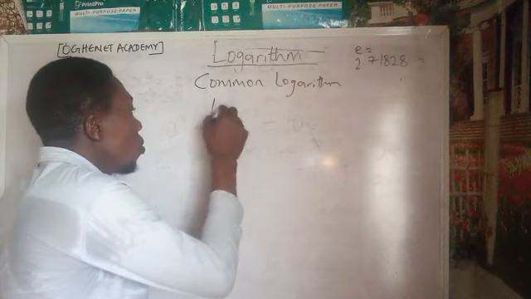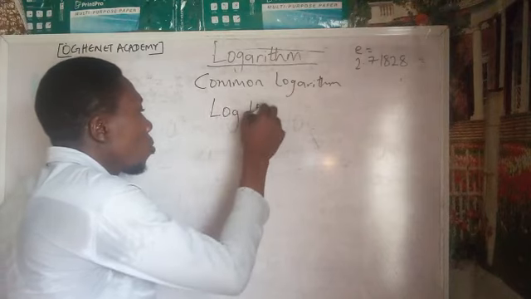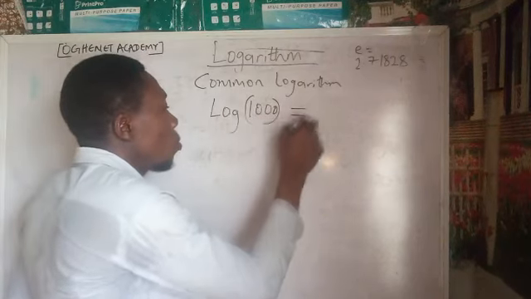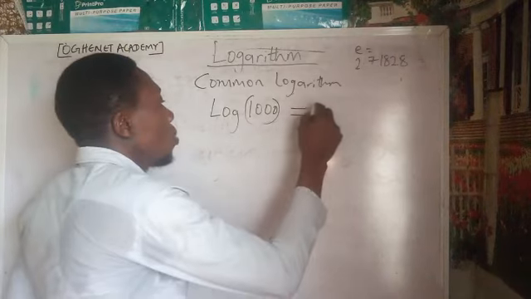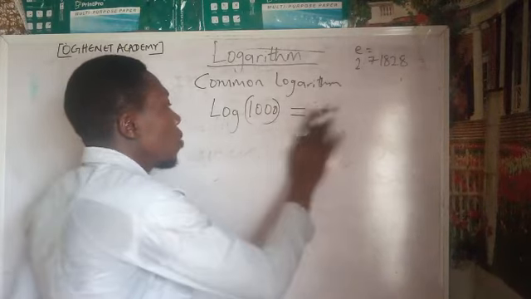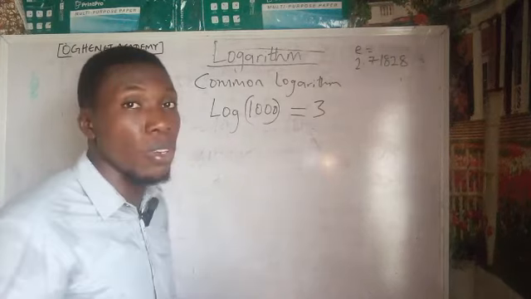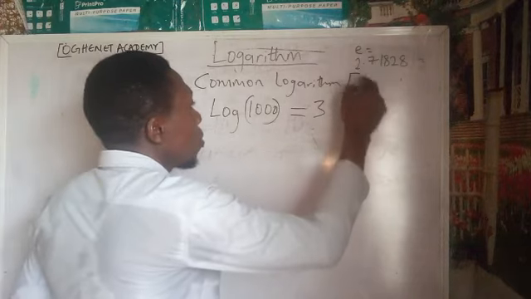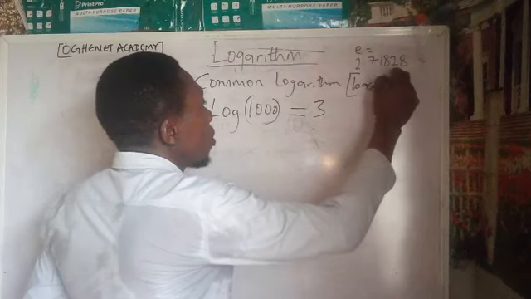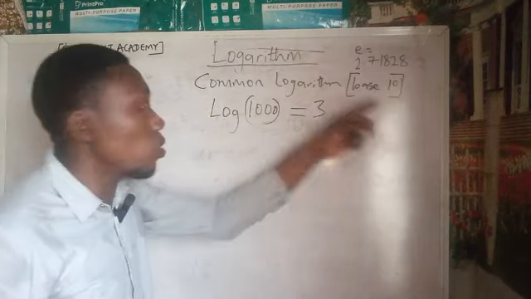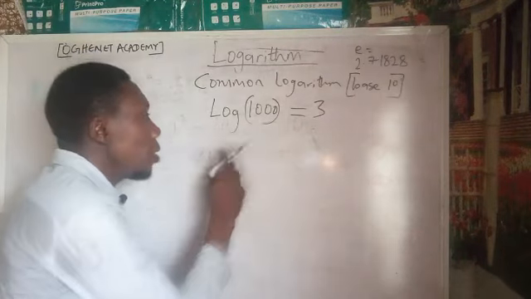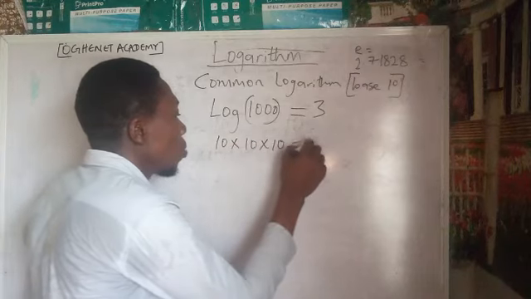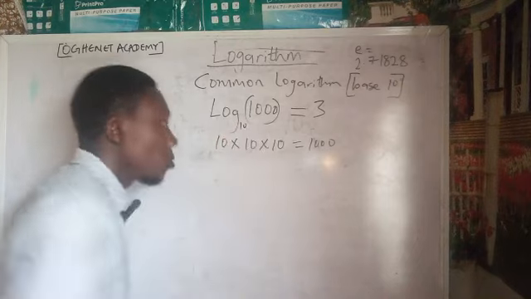So let's say you are looking for log 1000. The common logarithm of 1000 will be 3. So why did I say the common logarithm of 1000 is 3? Because remember I said that in common logarithm you have a base of 10, meaning that 10 times 10 times 10 will give you 1000.